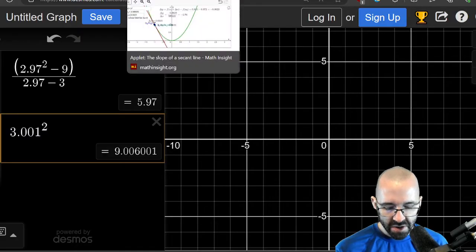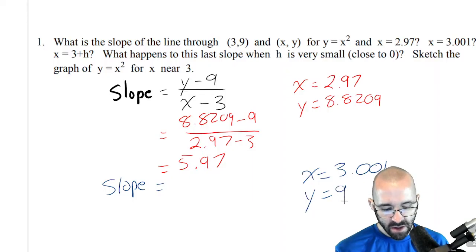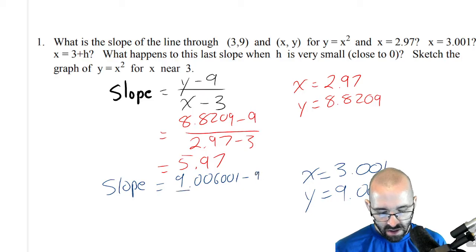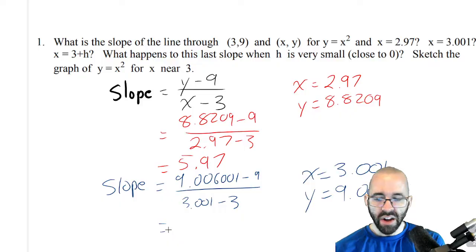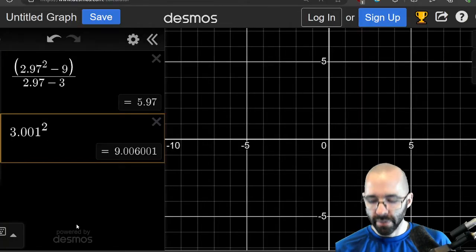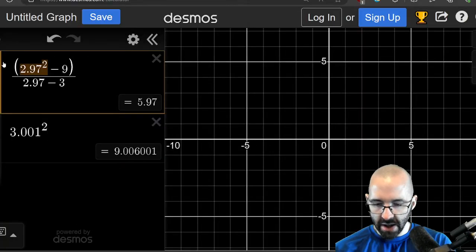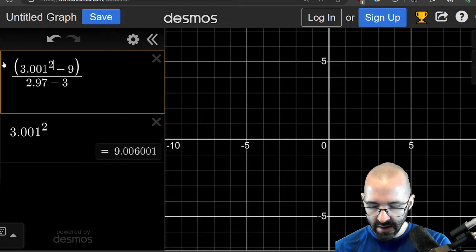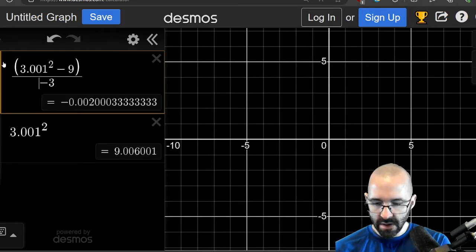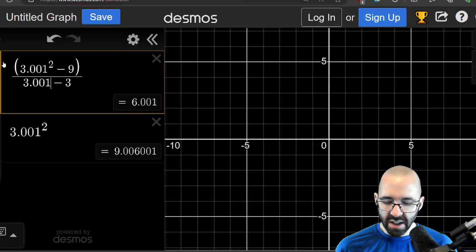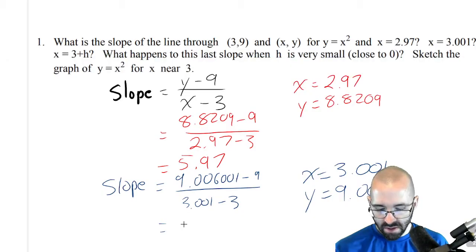That'll be 9.006001. And then again, we'll just plug it into the formula and use a calculator. And we'll find that our second slope is 6.001.